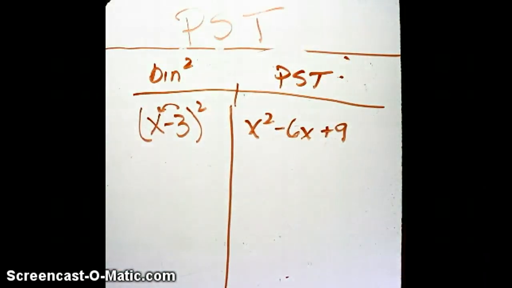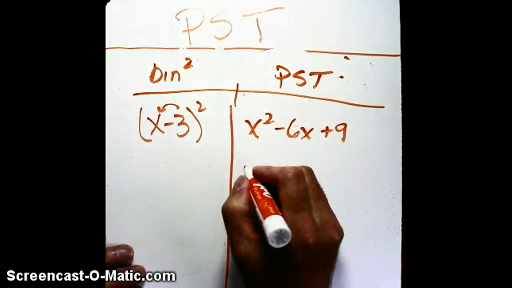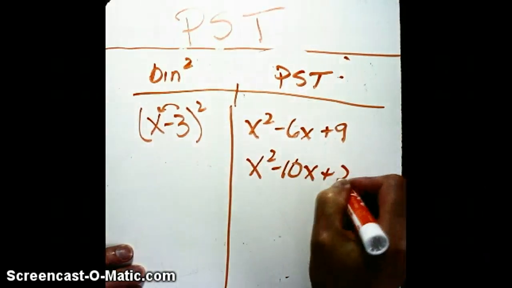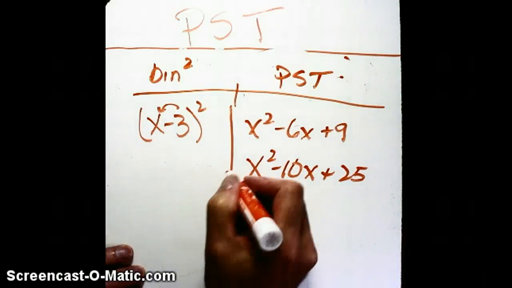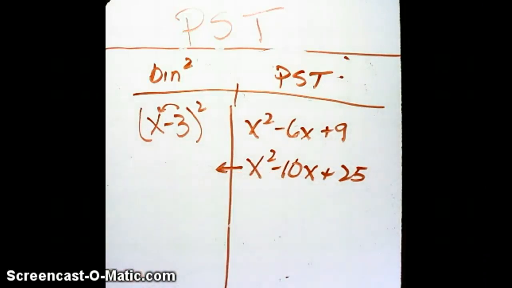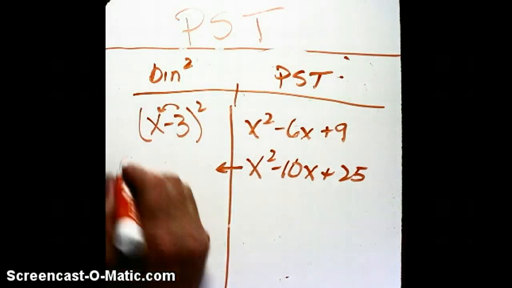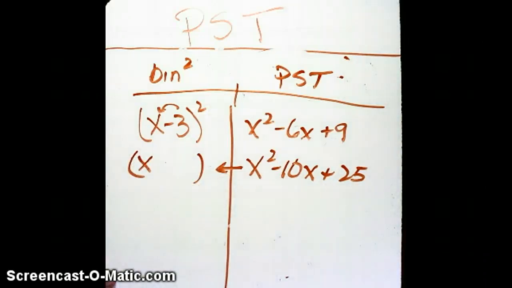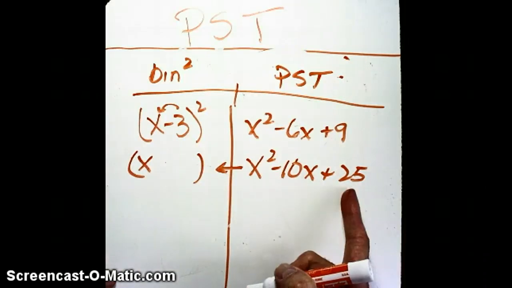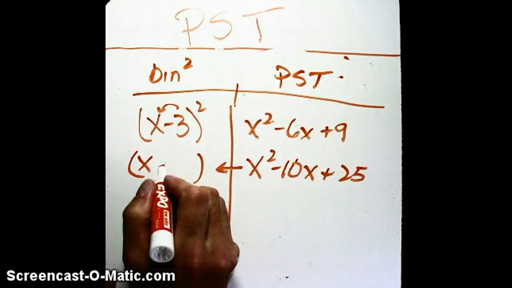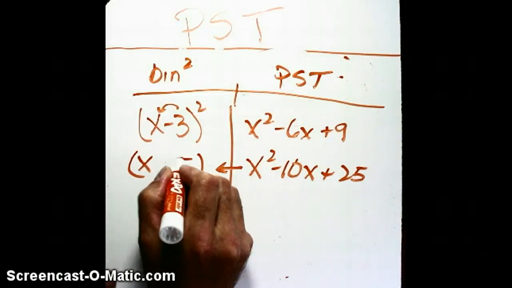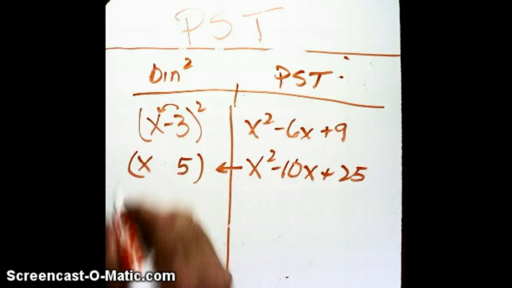Now, what if I gave you something like this? X squared minus 10x plus 25. Could you go back this way? Well, you say to yourself, I could put an x here. I get that. And you're looking at this 25, and you say, well, I could put a 5 there, and I'll copy the sign right here.